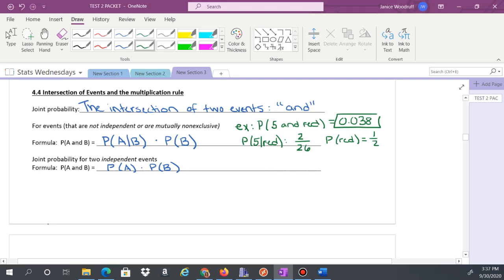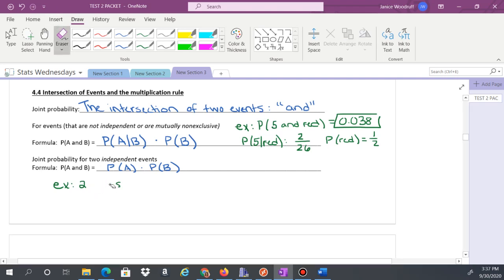An example for two independent events, cards wouldn't really work. Well, it would be independent each time, so it's like two separate events. Okay, so find the probability that I get a heads and then I get a heads again, or something like that. So the example here, we could do 2 flips.